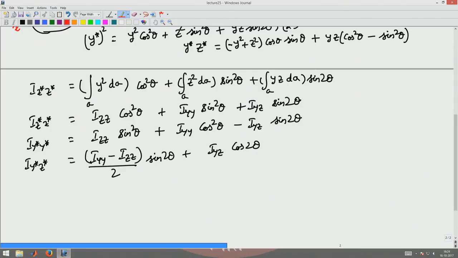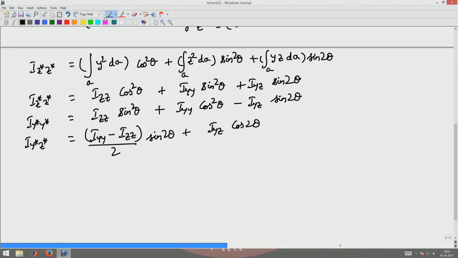Now, what we have to understand next is how this transformation looks. This looks similar to the Mohr circle equations, right. So, this equation I can rewrite as (I z plus I y)/2 plus (I z minus I y)/2 cos 2 theta plus I yz sin 2 theta.